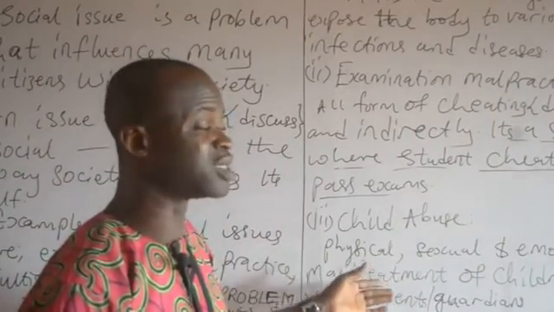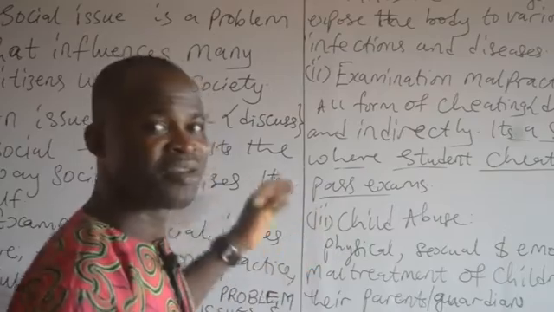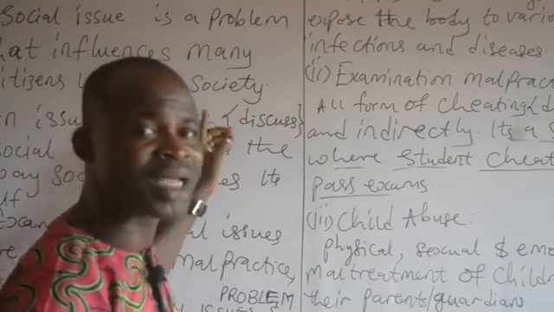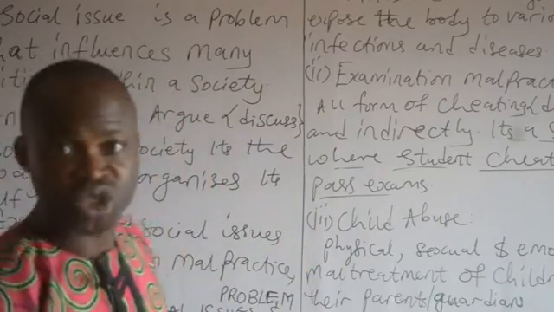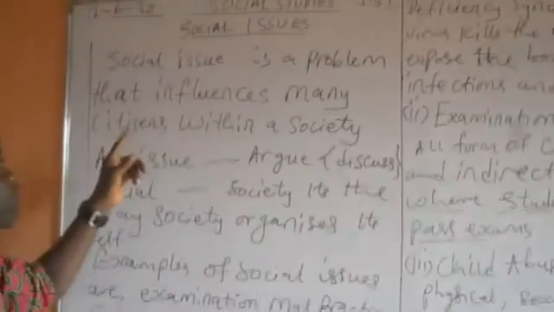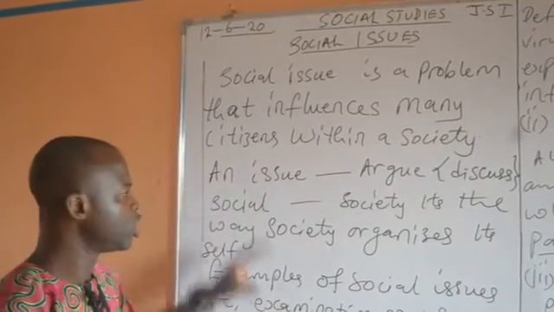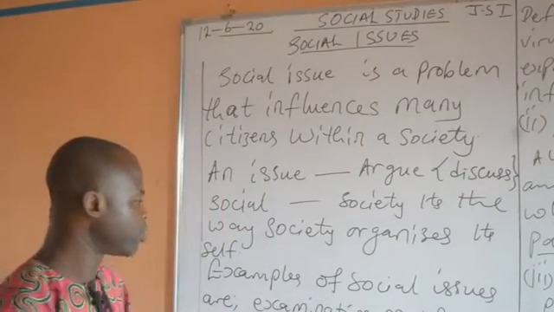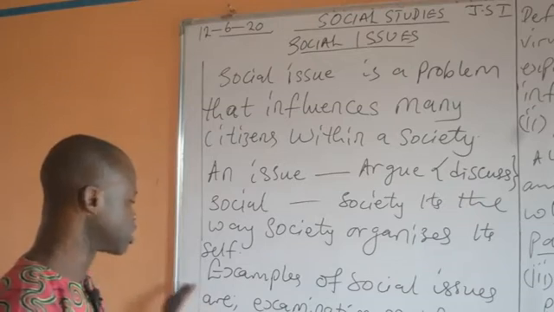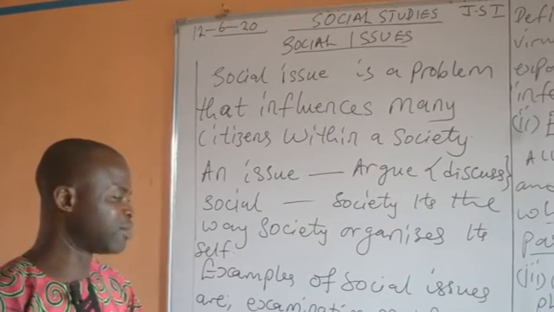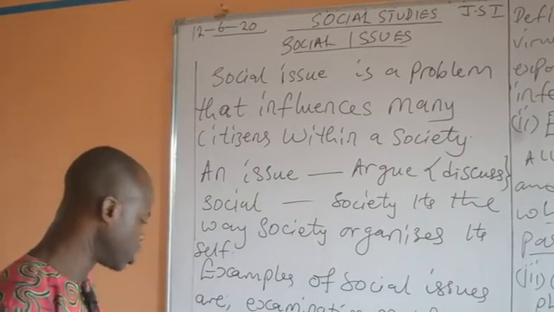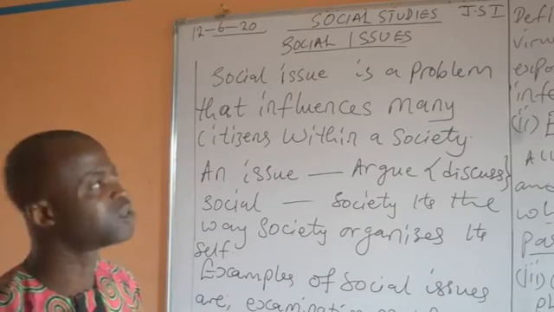Remember the topic on the board: a social issue is a problem that influences many citizens in the society, and practical examples are examination malpractice and cultism.